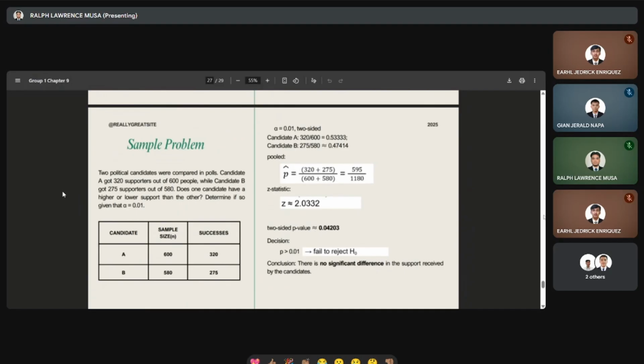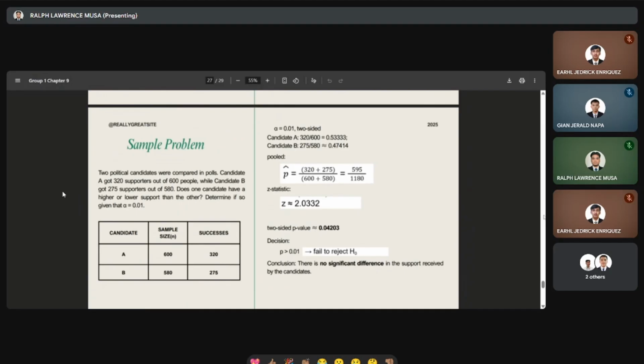So computing the pooled proportion, p is equal to 320 plus 275, which is the successes of candidates A and B, and their sum is 595. For the denominator, it is the sample sizes of the two candidates, 600 and 580, so it would be 595 over 1180.